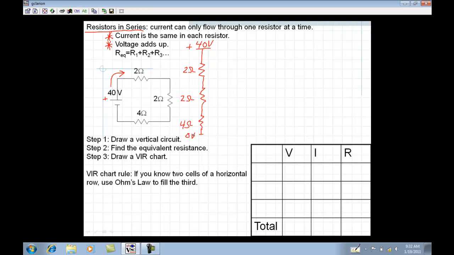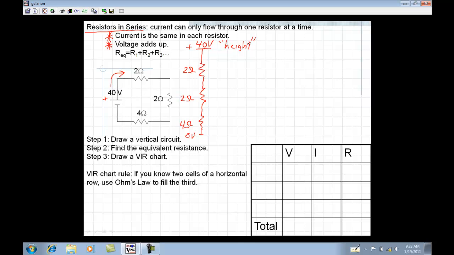So this is the vertical version of that same circuit. Now, an analogy I want you to think of is that this 40 volts is a 40 volt height. So I'm just going to replace that with the word height.